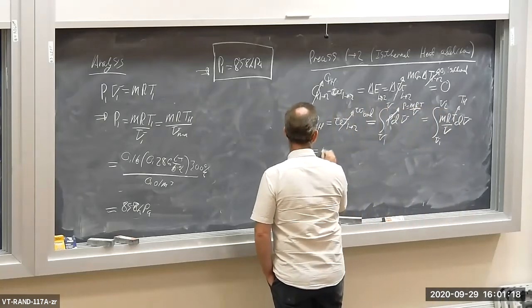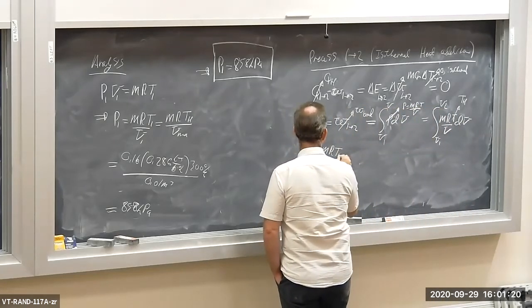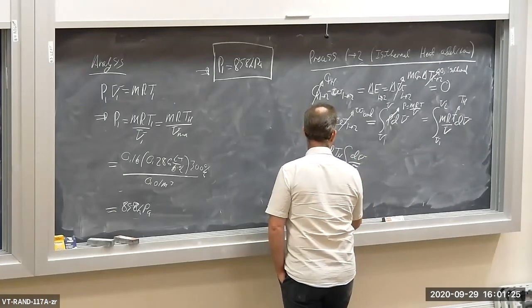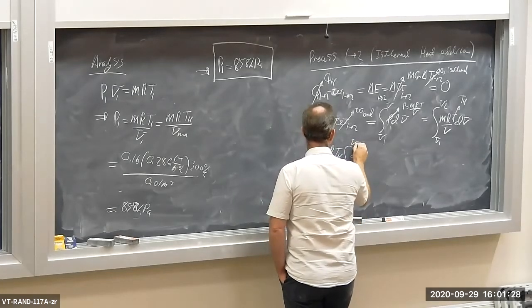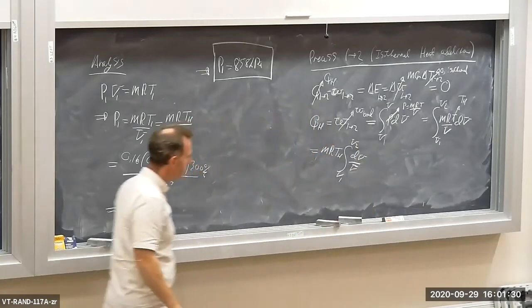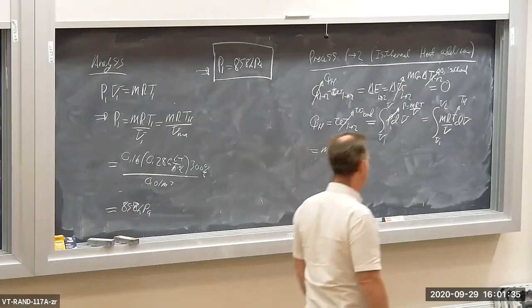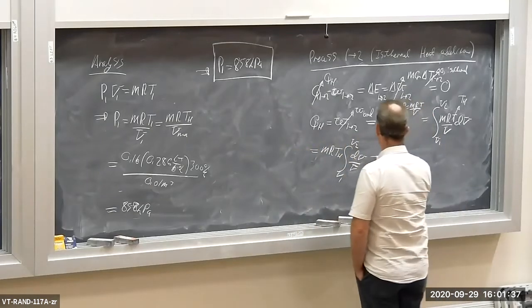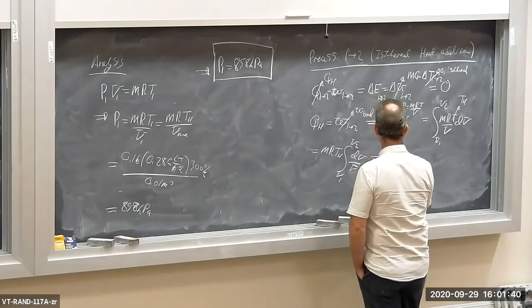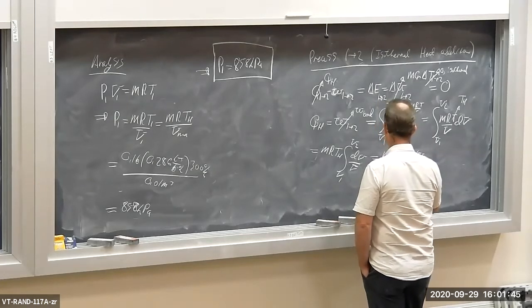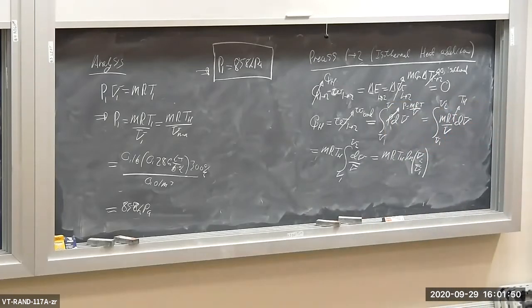So I get mRT high integral dV over V from V1 to V2. The antiderivative of 1 over volume is a natural log. And so I get mRT high natural log V2 over V1. So that's the expression for my heat transfer from the high temperature reservoir.